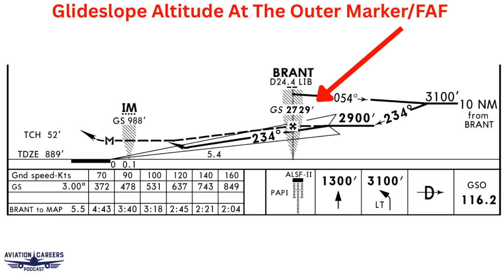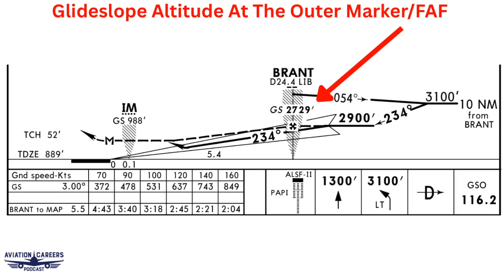That's really important, especially on a non-precision approach, but it's also important on a precision approach, because you need to know if the altitude you're going to is the correct altitude. Because what are you using? You're using your altimeter when you're using an ILS. We're not talking about Category 2, Category 3, where you use a radar altimeter.